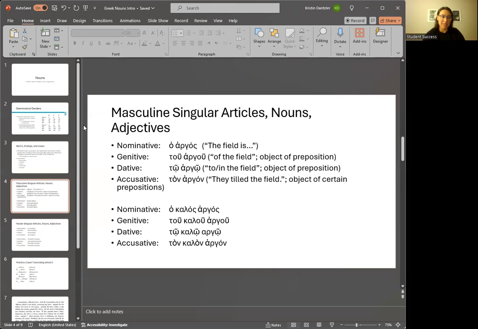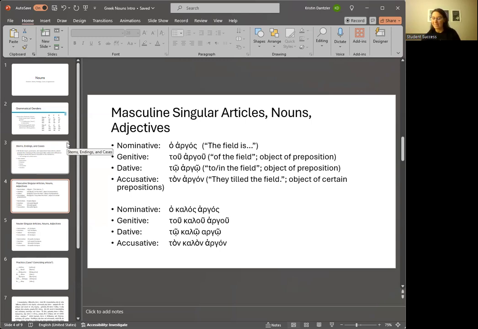So you can see my examples there. The articles: ho, tu, toi, ton. What I did in order to memorize this is what my undergrad professor had me do: she had us get a rhythm down.